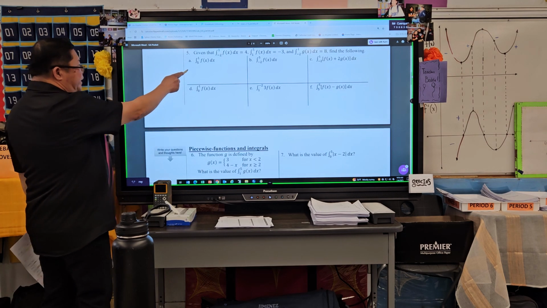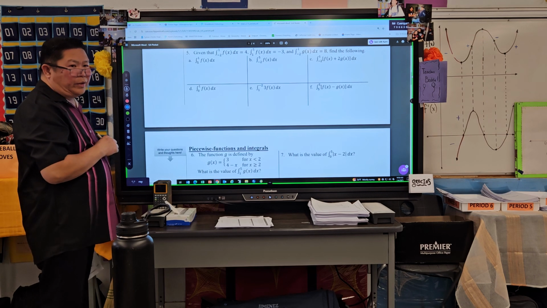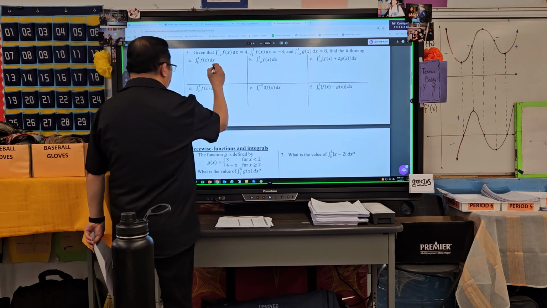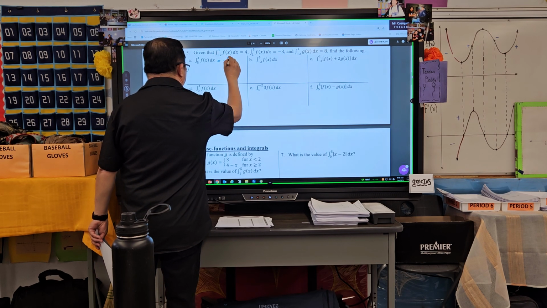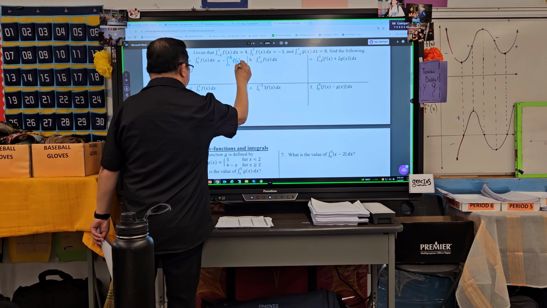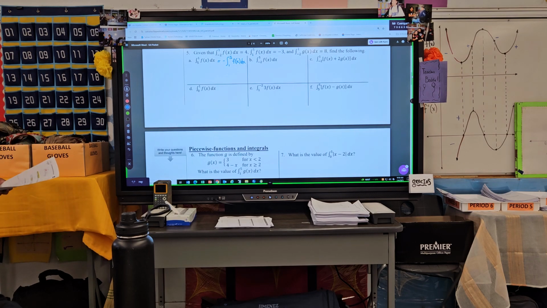Are we rewriting this one? Yes. How do we rewrite this one? Negative. So we say this is negative integral from 1 to 5 of f of x dx. Then what's next, guys?